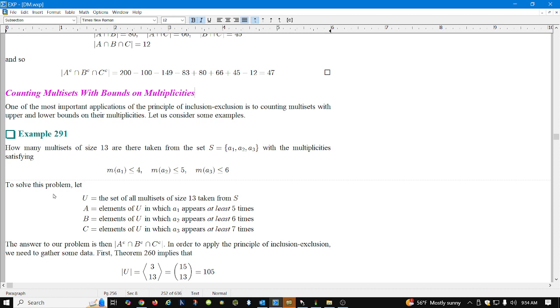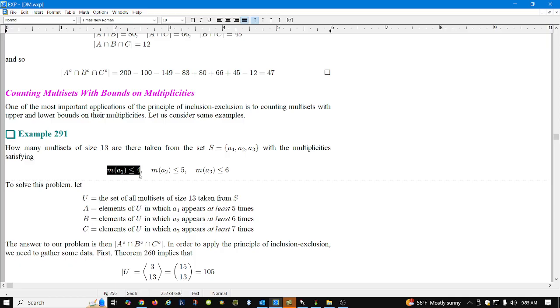So let U be the universe, the set of all multisets of size 13 taken from S. Let A be the elements of the universe in which A1 appears at least 5 times. So I have sort of turned this around.